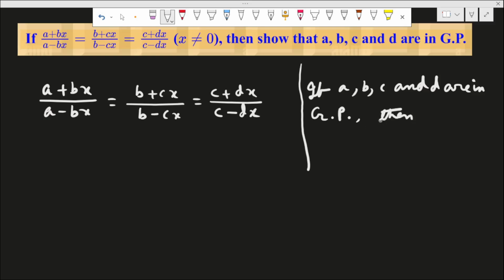Then term by preceding term: B by preceding term A, C by preceding term B, D by preceding term C.